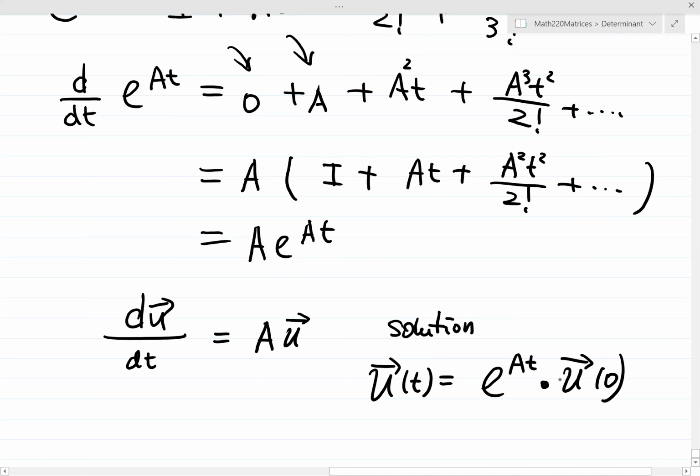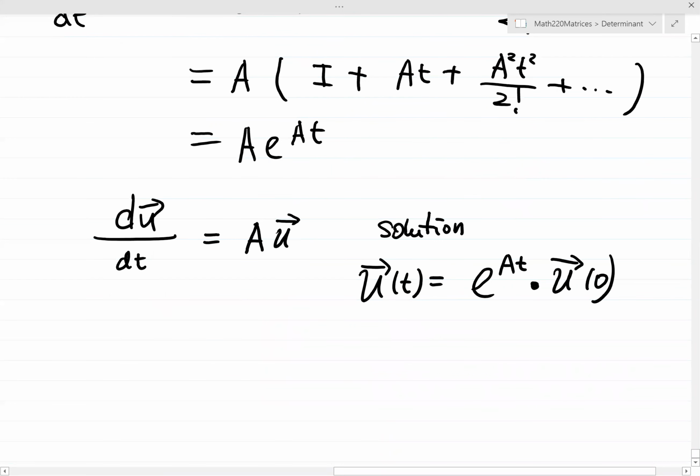Be careful, we should write the matrix e to the At on the left. In general, matrix multiplication is not commutative. So this is the key difference with the dimension 1 case.